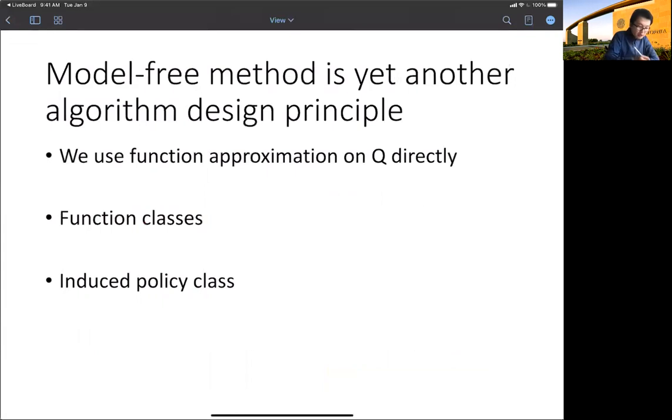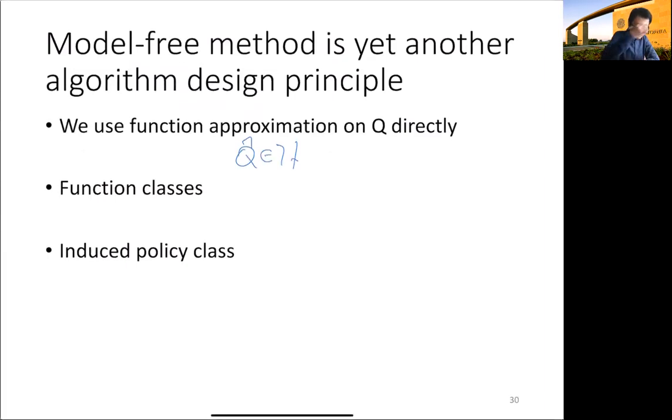We can directly approximate Q hat from some given function class, some hypothesis class. Again, this could be a deep neural network. Now the output of the deep neural network is no longer a probability distribution that you sample from, but rather a prediction of the value. So this hypothesis class contains functions that map from SA to a real value.